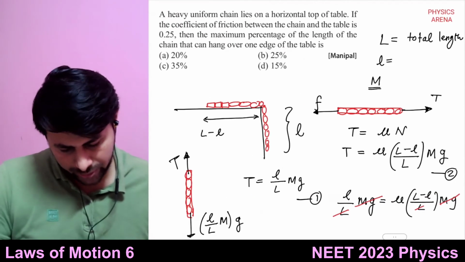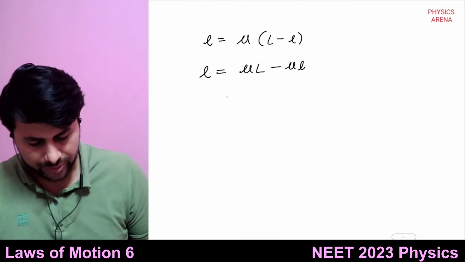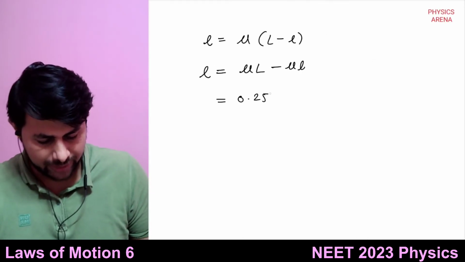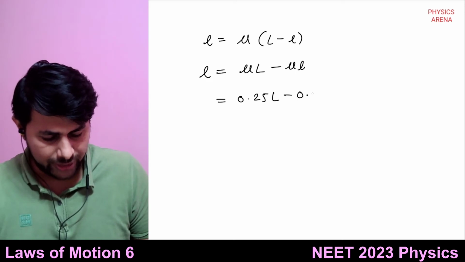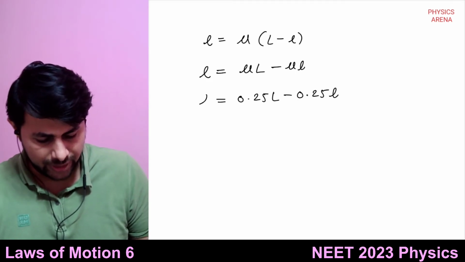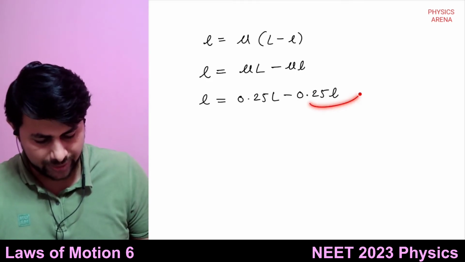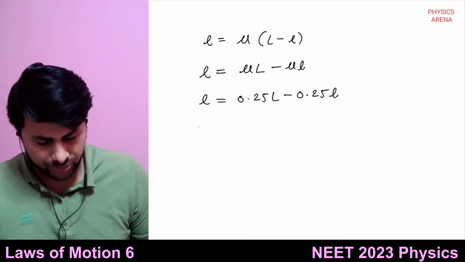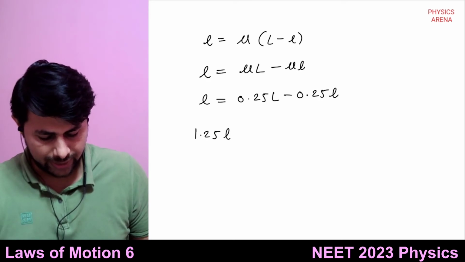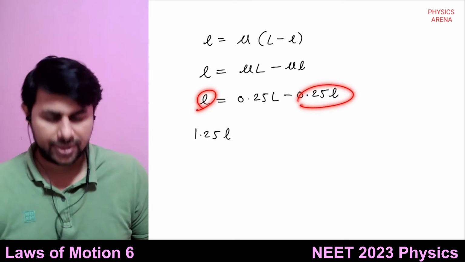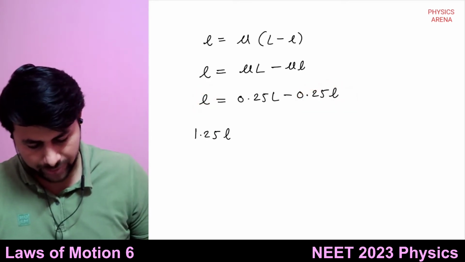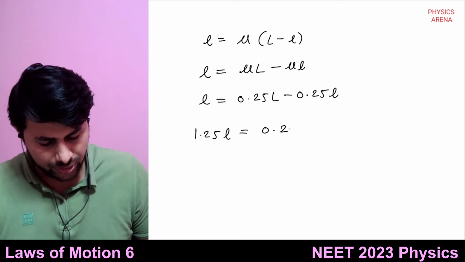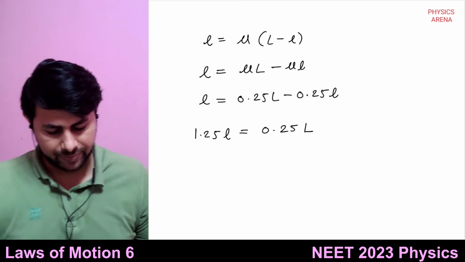Okay, how much is mu? 0.25. It is 0.25 multiplied by L minus 0.25 multiplied by small l. Take that 0.25 l towards the left, so you get 1.25 l, because this is 1 l and that's 0.25 l. 1.25 l is equal to 0.25 capital L.